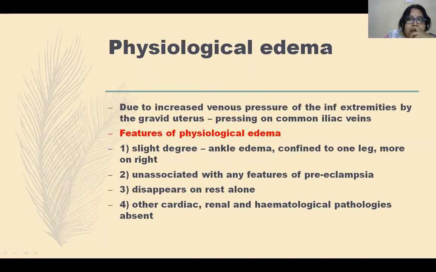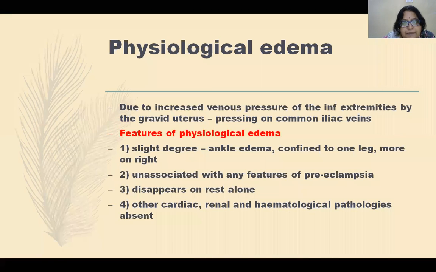And how do you tell whether it is a physiological or a pathological edema? What are the features of physiological edema? Physiological edema occurs because of increase in the venous pressure in the inferior extremities because the gravid uterus presses on the common iliac veins. So it will cause edema.